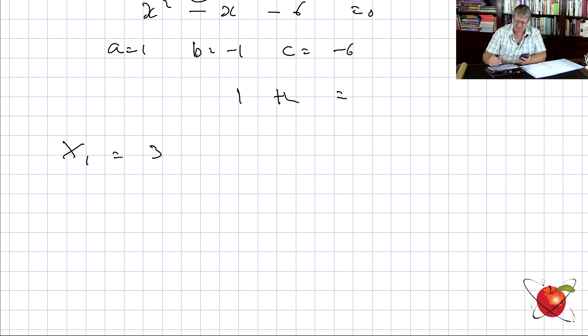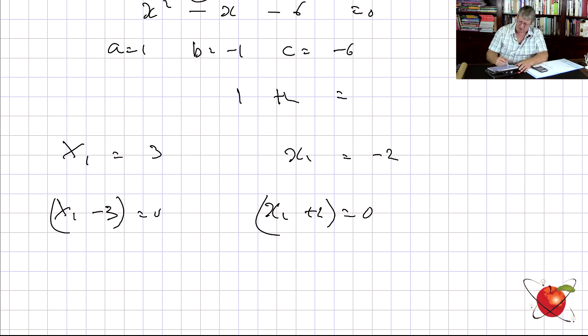Press equals again, and it tells you x2 equals minus 2. It has solved for x for us. How would this look if it was back in equation? We would just take it back like this.